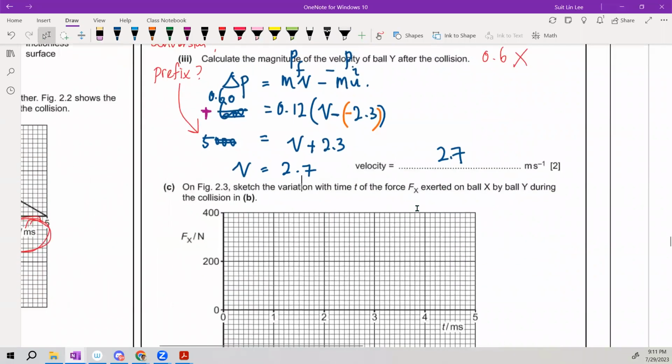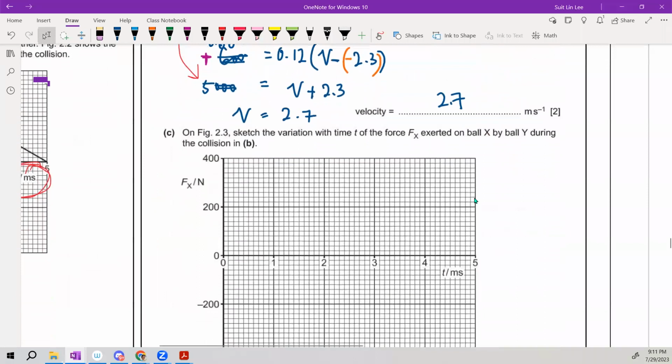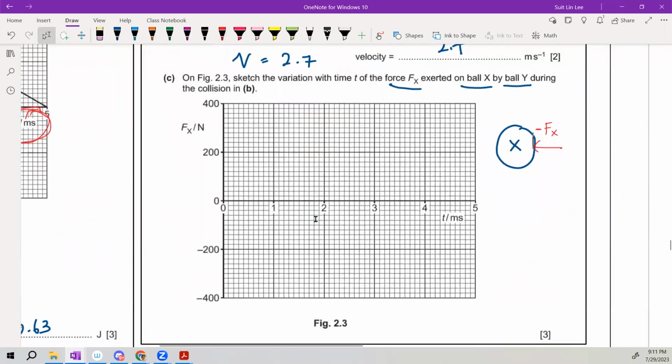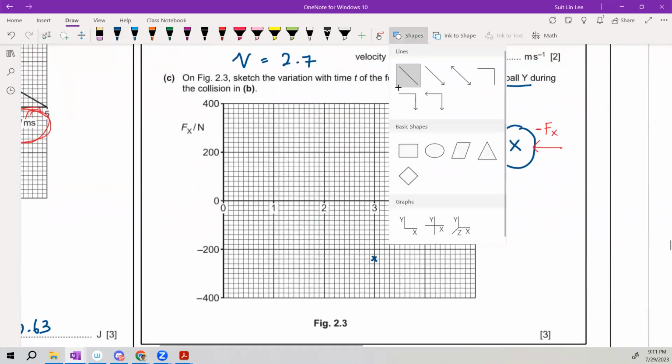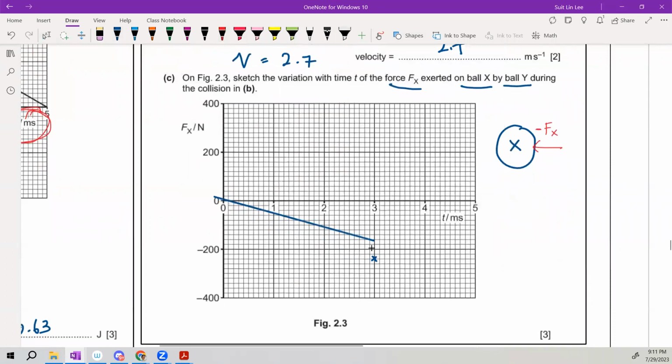All right, next, we're going to draw a graph of the force Fx exerted on x by y. Okay, this is my ball x. During the collision, y will press down. So this is obviously in the negative direction. I expect to get a negative graph. And because Newton's third law says that the force must be equal magnitude and opposite direction, I'm just going to do a reflection of the graph. So here to here, reflect this.